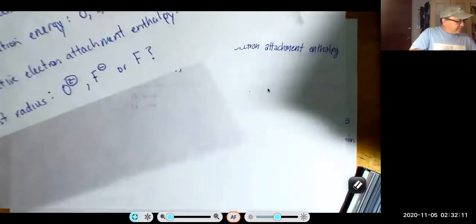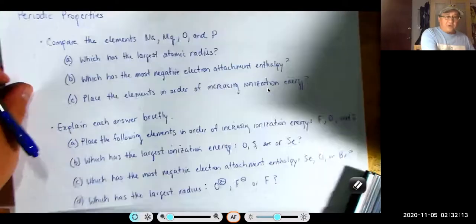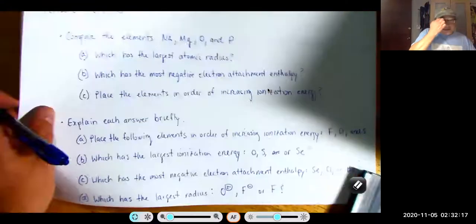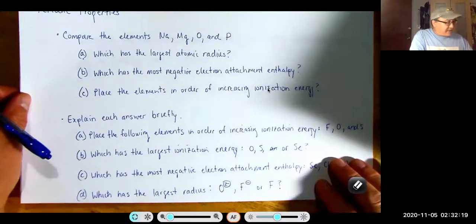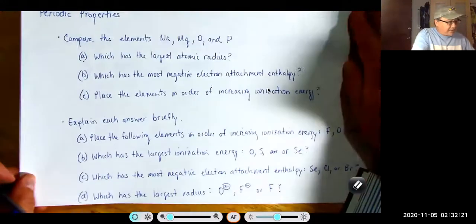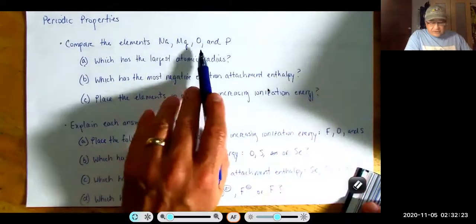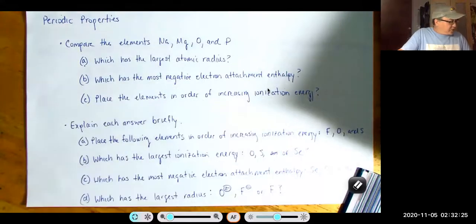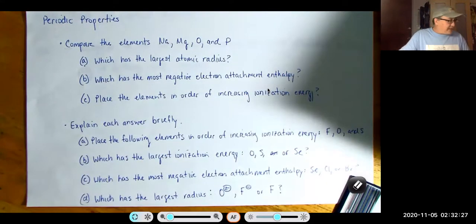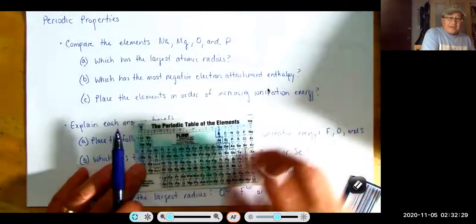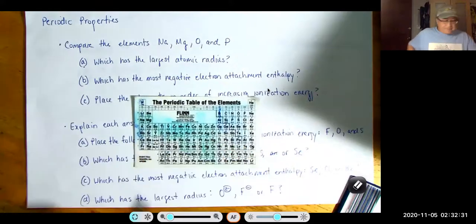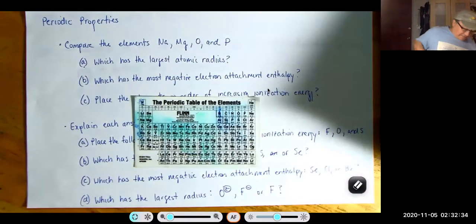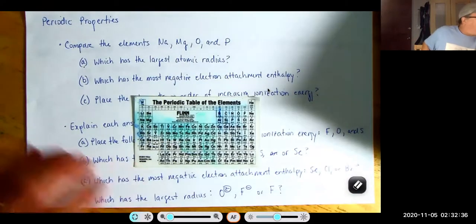So let's see. We only have one more page here of problems. So let's take a look at these. Compare the elements: sodium, magnesium, oxygen, and phosphorus. Which has the largest atomic radius? So I'm going to pull out my periodic table here. And I'm going to see if I can find my dry erase pen.